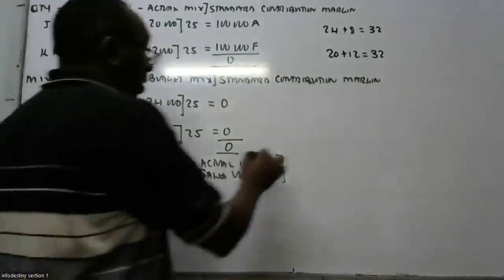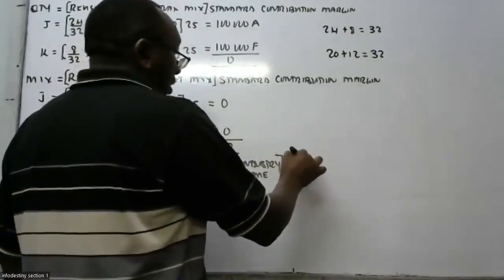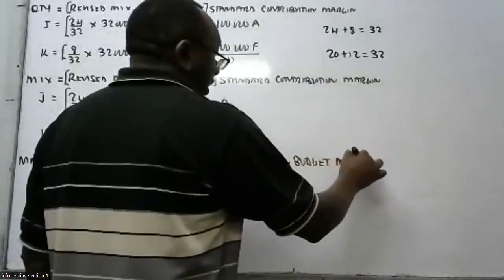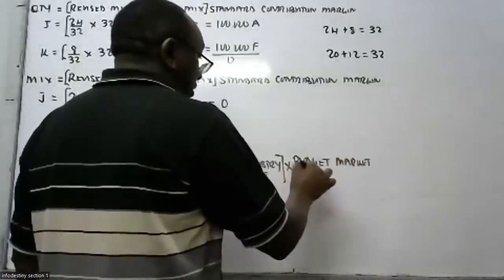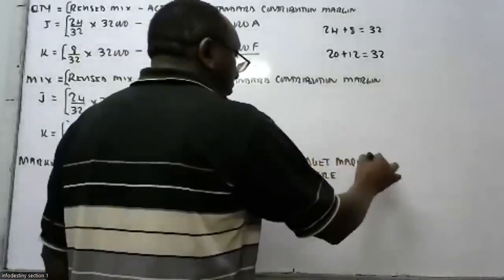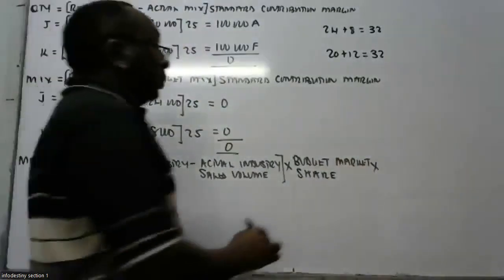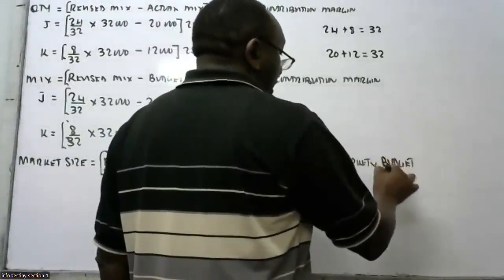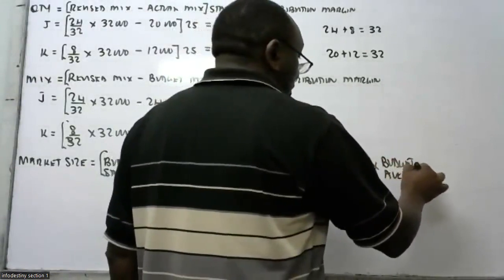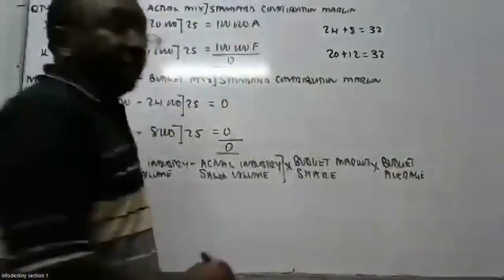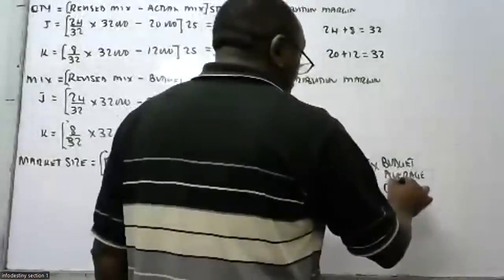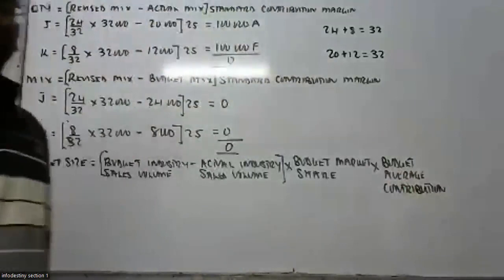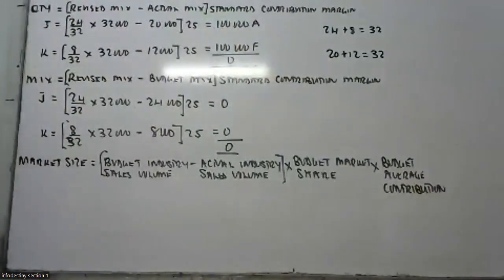And this one you multiply by budget market share, and you multiply by budget average contribution. That is how you get it.